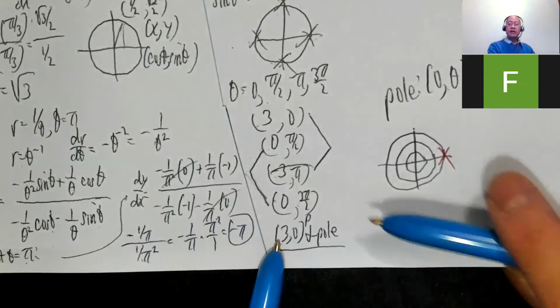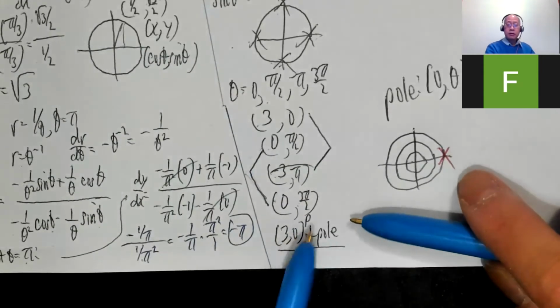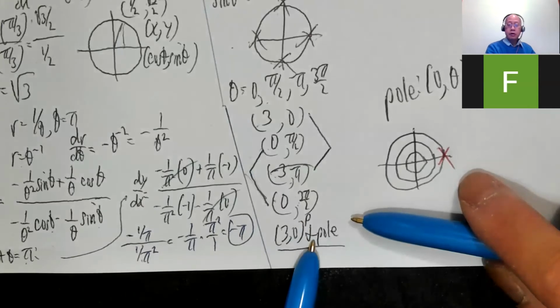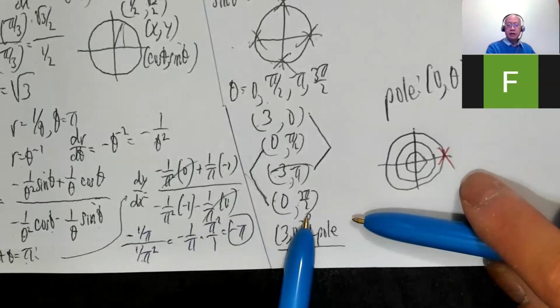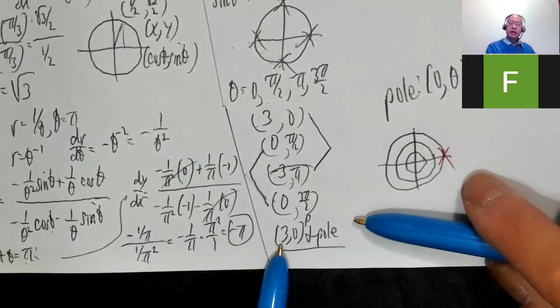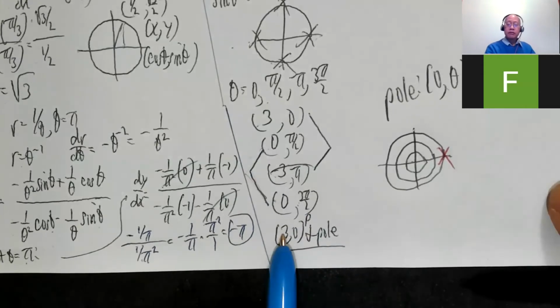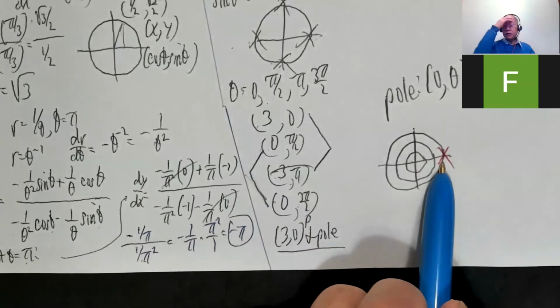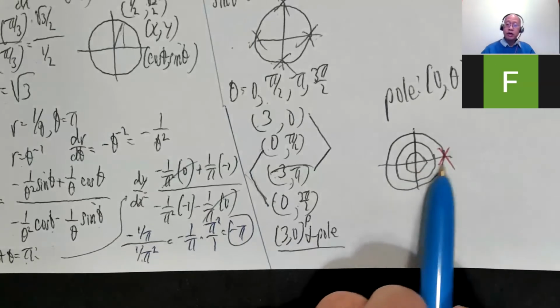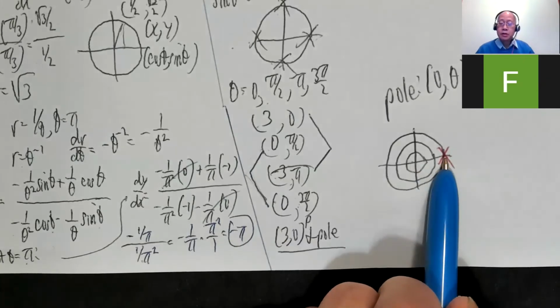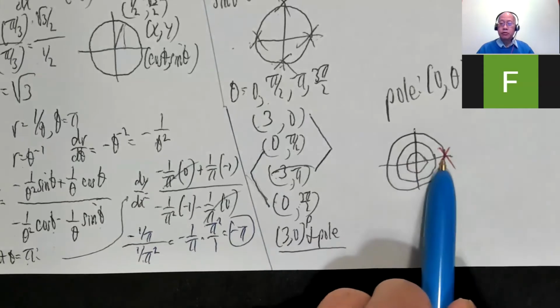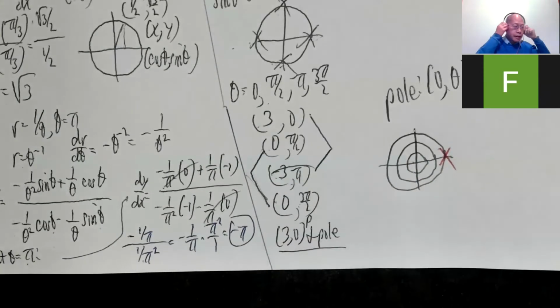So I'm going to present my answer as 3, 0 in polar coordinates, and the pole. You don't actually have to write that P there, but it is ambiguous. Although in this particular case, 3, 0 in rectangular coordinates also lands you in the same spot, coincidentally. In regular x and y, you would still call that 3, 0. But in polar coordinates, it's also 3, 0 because the angle is 0 and you walk out 3.